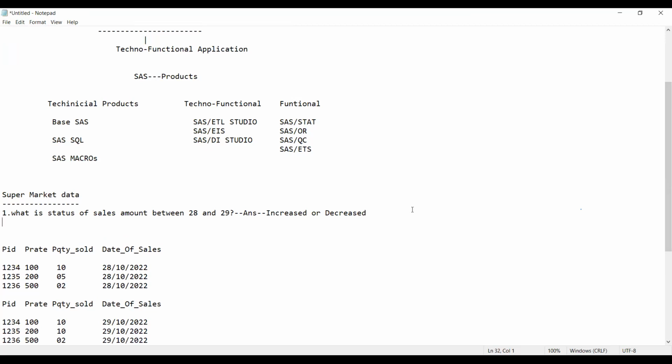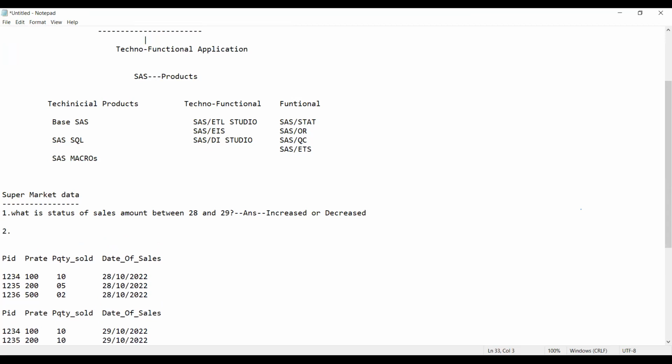And the next one, guys, what is the next one? They wanted to know what the sales may be on 30th October 2022.